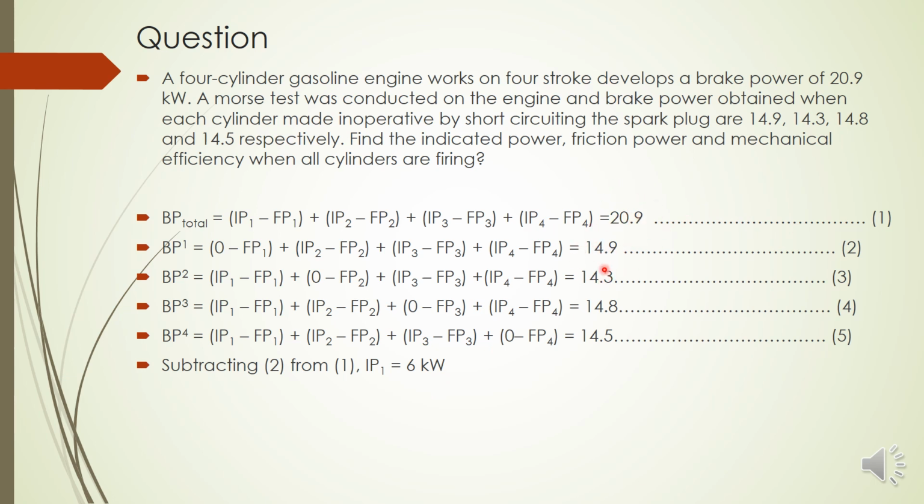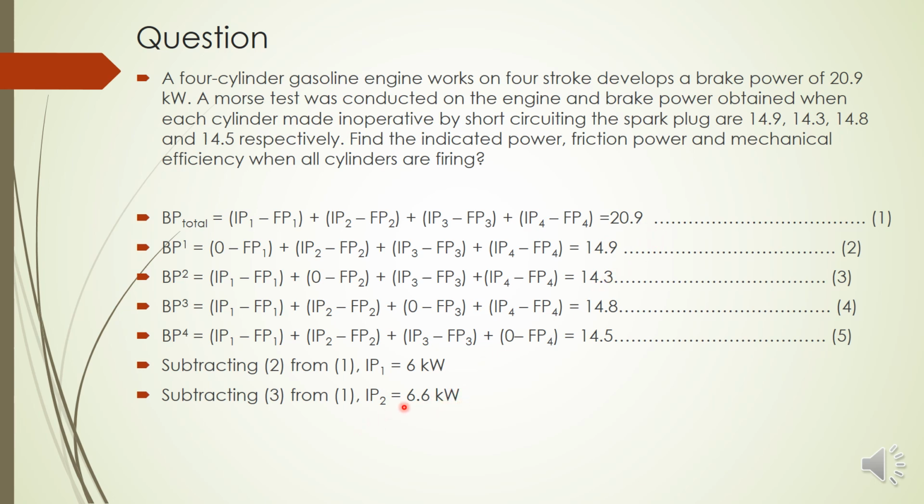So the numerical value of subtracting 2 from 1 is 6 kilowatt. That means IP1 is 6 kilowatt. Similarly, subtract 3 from 1 and we will get IP2, because here it is 0 and here we have IP2. So IP2 is 20.9 minus 14.3.